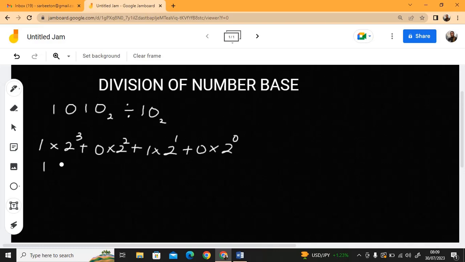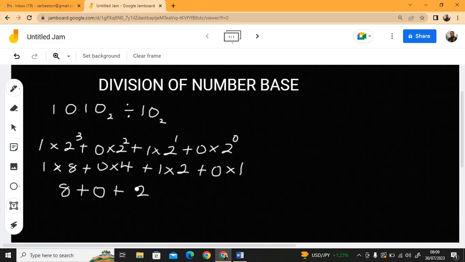Now 1 times 2 to the power 3 is 8, plus 0 times 2 to the power 2 is 4, plus 1 times 2 to the power 1 is 2, plus 0 times 2 to the power 0 is 1. So 1 times 8 is 8, plus 0 times 4 is 0, plus 1 times 2 is 2, plus 0 times 1 is 0. When you add them up, you have 10 in base 10.